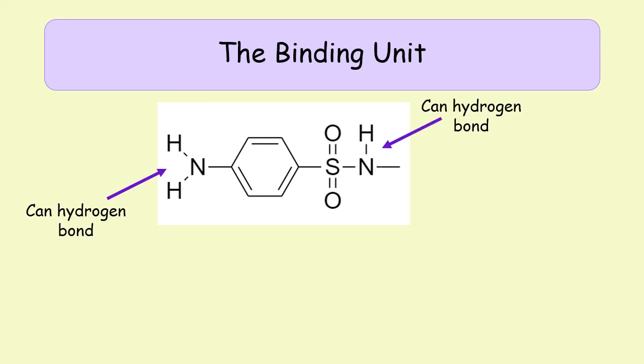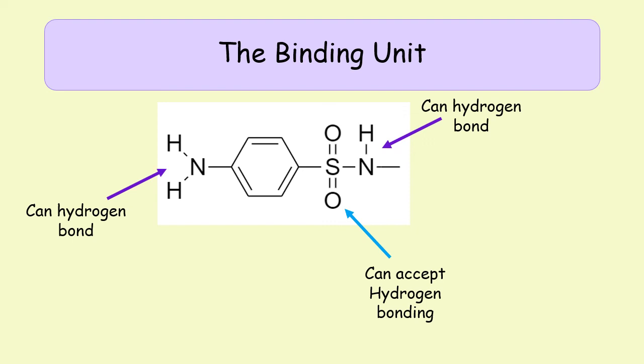The NH groups are capable of hydrogen bonds. The hydrogens themselves will be able to interact with delta negatively charged things on the active site or receptor. The nitrogen is delta negative, so it will be able to interact with delta positive things. The SO group is polar, and where you've got an oxygen on its own, it can accept hydrogen bonds.